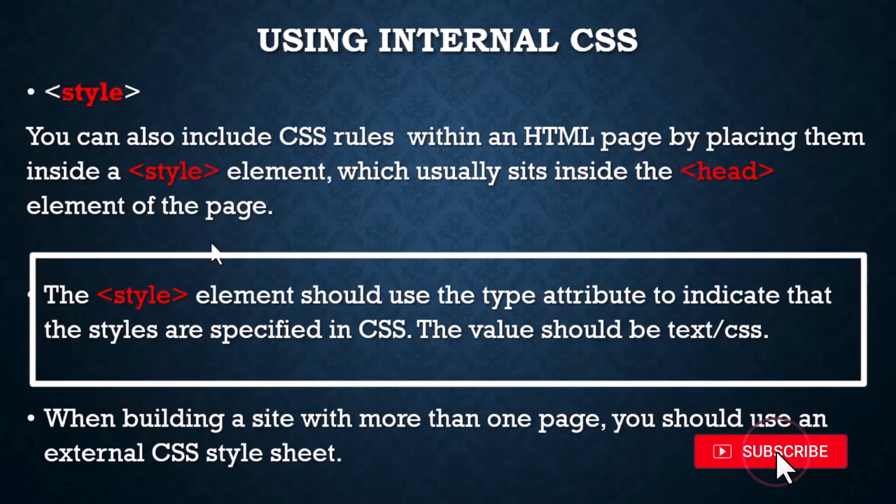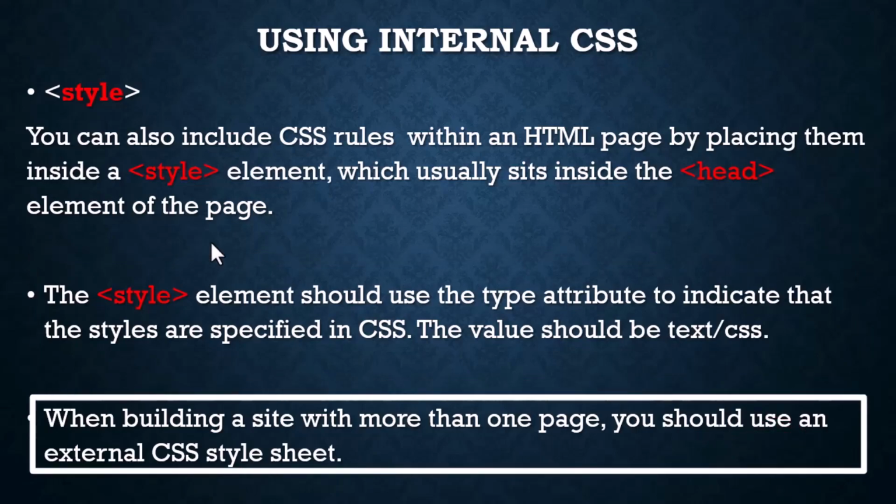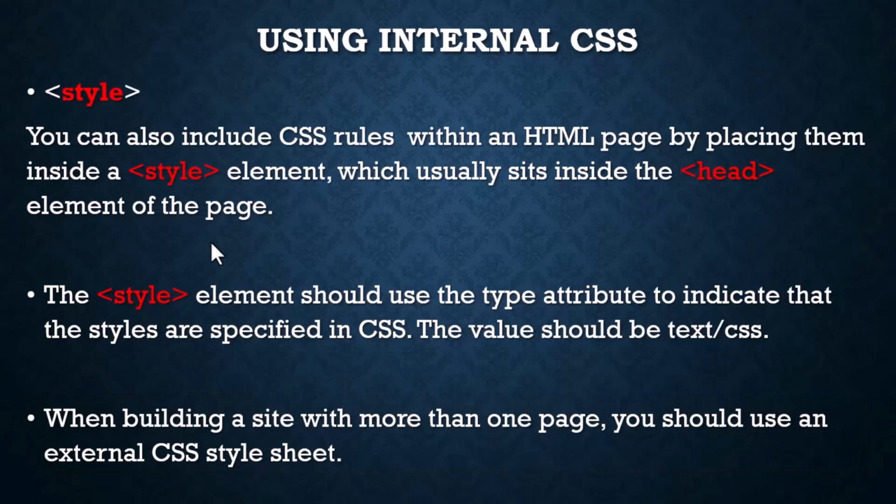Okay, and then when building a site which has more than one page, the best form of what? Styling should be what? External and not internal. Okay, so when you have multiple pages, use what? External. But if you are using, let's say, a one page which you don't have to do a lot of styling, you can use internal CSS.